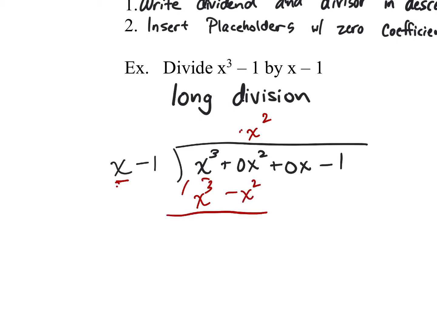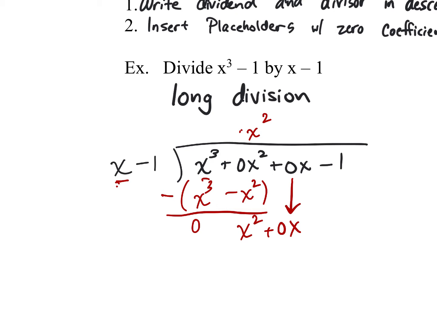The next step here is to subtract. X cubed minus x cubed is 0. 0x squared minus negative x squared is positive 1x squared. We bring the next term down and then go through that same process again.